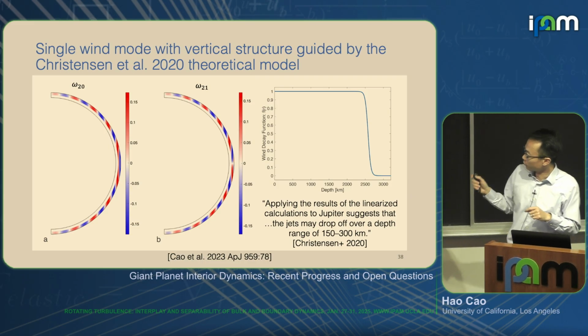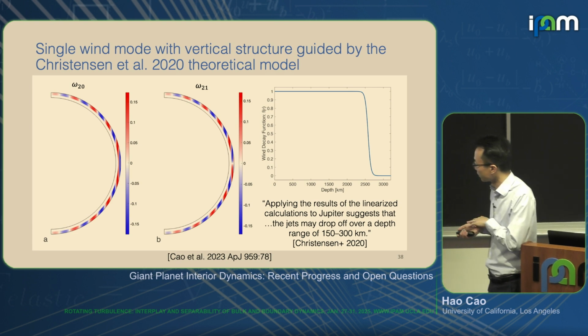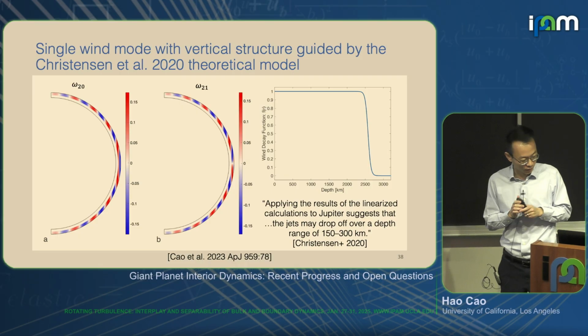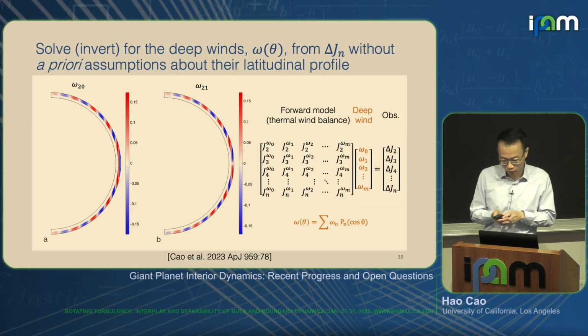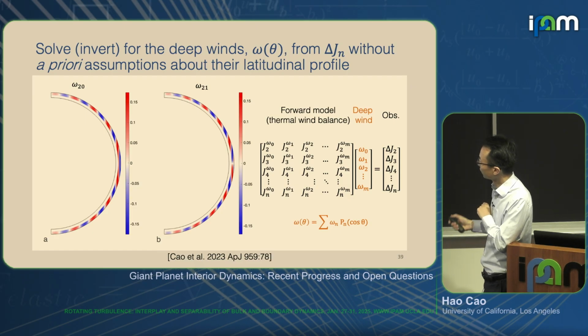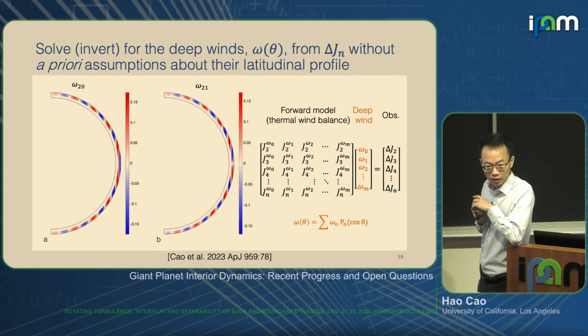We used a relatively sharp decay profile, guided by the work of Uli Christensen, which Paula also mentioned. And we're actually going to vary the depths in our experiment. Once you do that, you can write the whole problem in a linearized fashion, in a matrix format.